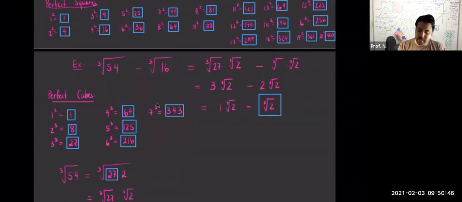Pardon me for that. Because 8 times 2 is 16. So the cube root of 8, as we notice, would be 2. Yeah, that was my mistake. Thank you, Rita, for noticing that. So the cube root of 16, I broke it down as the cube root of 8 times the cube root of 2, and the cube root of 8 is 2.